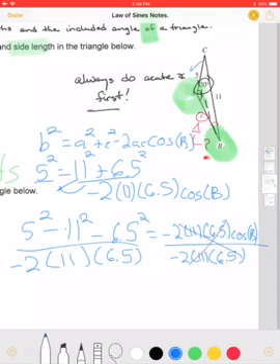So that would cancel this. But recall, what's this still going to be equal to? Cosine of b would be equal to all this. So how could we just take this further and solve for b? We could take cosine inverse of all this.